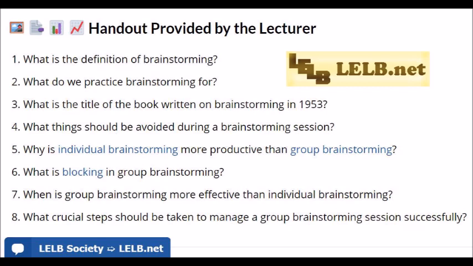In this lecture, I will look at what it is and why it is useful, and also how to get the best from it. I have found a book which is considered one of the first sources for brainstorming, published in 1953 by Alex Osborn.